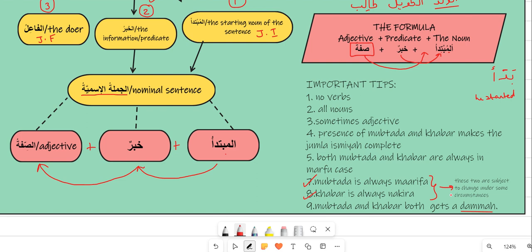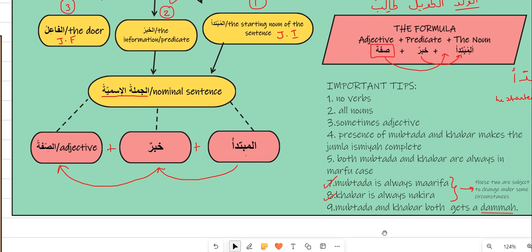Those kinds of jumla are called shibh jumla. I will not explain in detail, but there are some examples in the PDF lesson, so I will just touch on some details on shibh jumla. For now, it's good enough to know that the mubtada is always marifa and the khabar is always nakira.